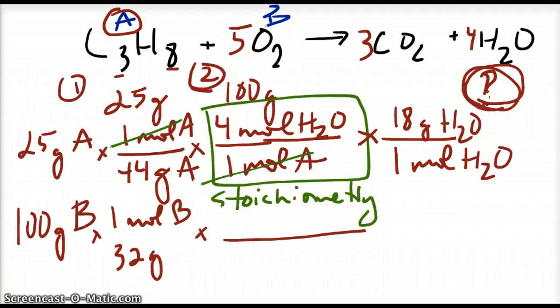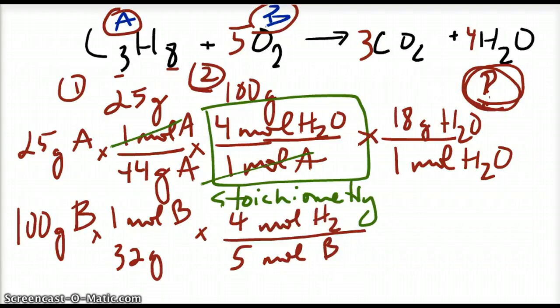What's the mole-to-mole ratio between component B, which is oxygen, and my product? That's 5 moles of oxygen for every 4 moles of water. So I've got to put my oxygen on the bottom, 5 moles of B, which is O2, and the 4 moles of water again up top, and that's going to be the same for both of these calculations, because in both cases, you're comparing to the final product, water.